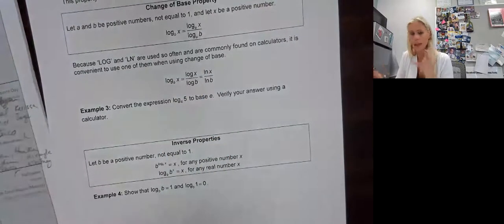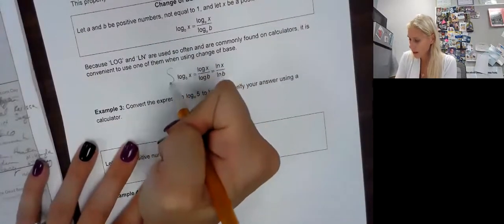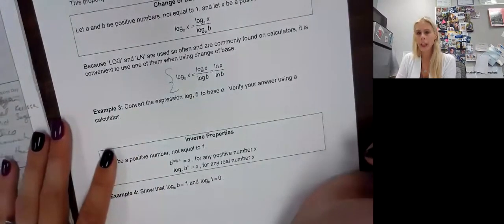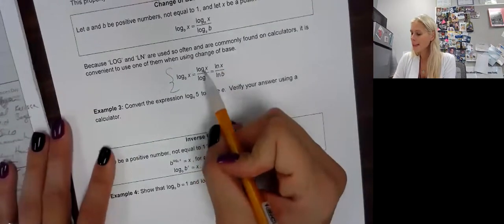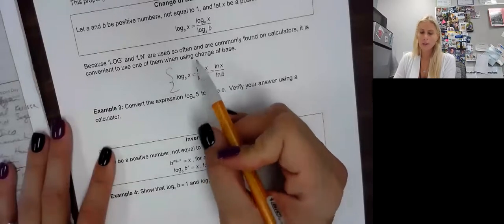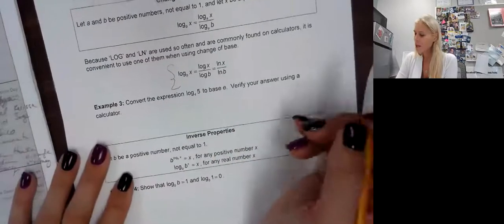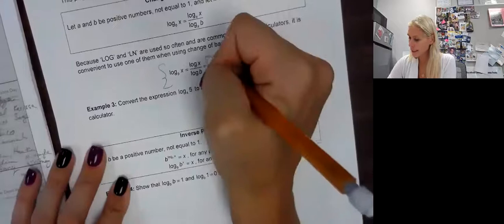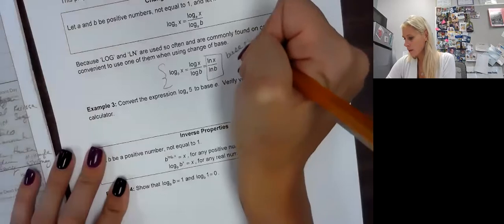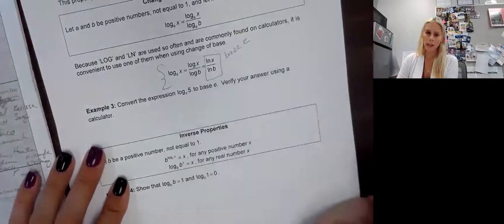Okay, that gets a little bit tricky, right? But really, what this is going to help us with is right here. If we get any base that is not 10, we can change it into log base 10 by saying log x all over log b, okay? The other thing we can do is if we want it in base e, we can say ln x all over ln b.